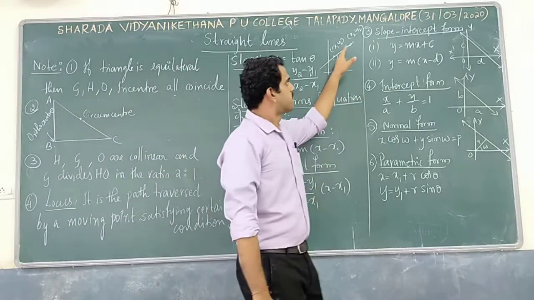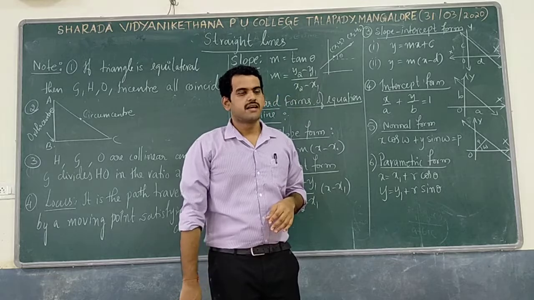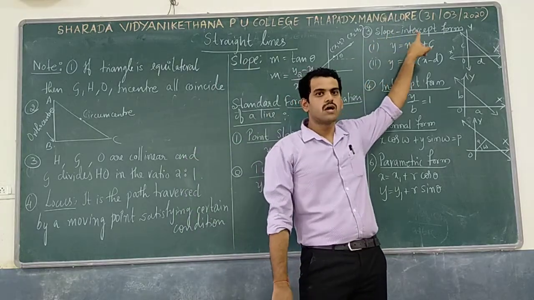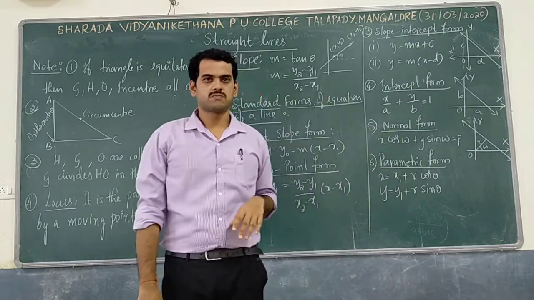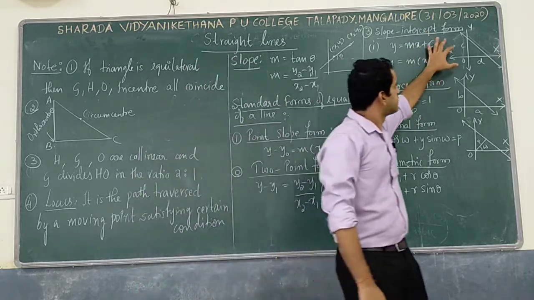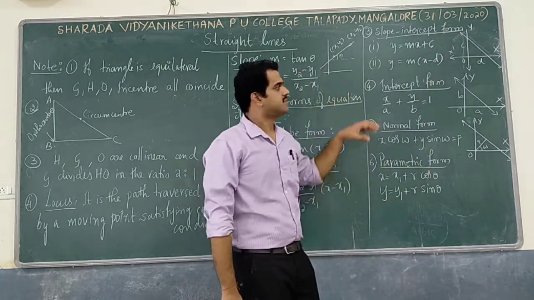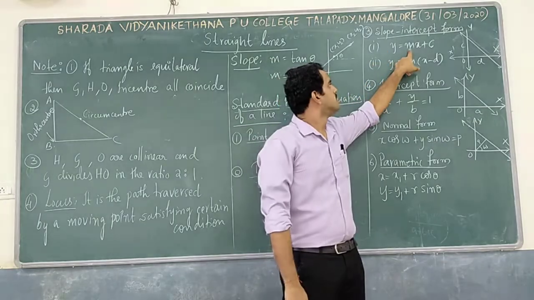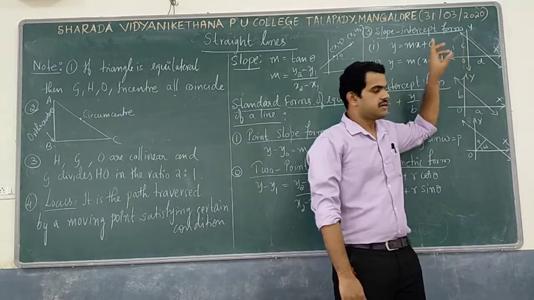Coming to the third form, that is the slope intercept form of equation of a line. As the name suggests, if you know the slope of the line and one of the intercepts, either the x-intercept or the y-intercept. Suppose the y-intercept is given, c is the y-intercept, then the equation of the line is given by y is equal to mx plus c, where m is the slope and c stands for the y-intercept.